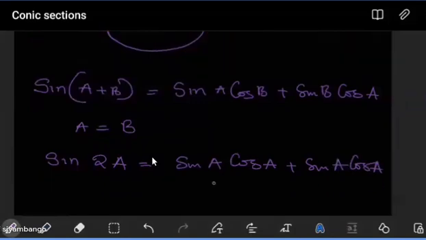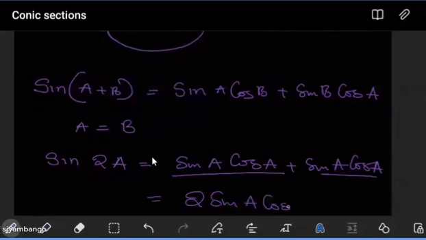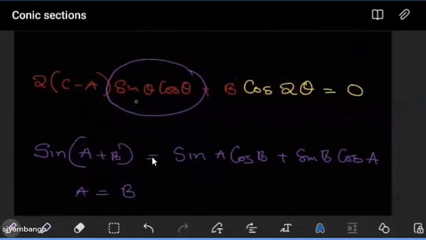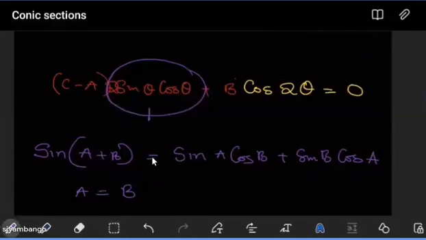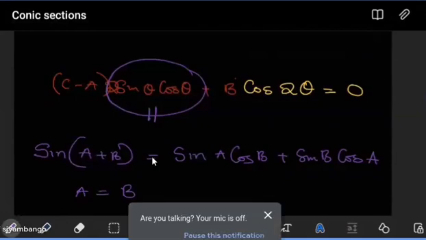Since this is the same as this, they'll add up to 2 sine A cos A. So if you look at what we have here, we have sine A cos A, and we have a 2 here. If I just put the 2 here, you have to see that this entire lot is actually the same as just sine 2 theta. Do you agree?